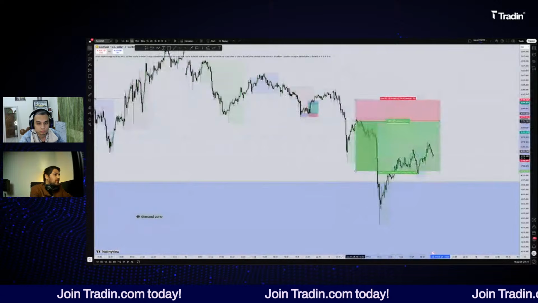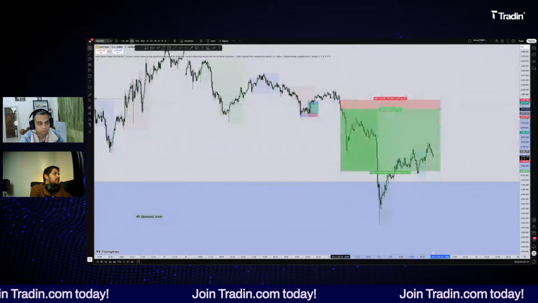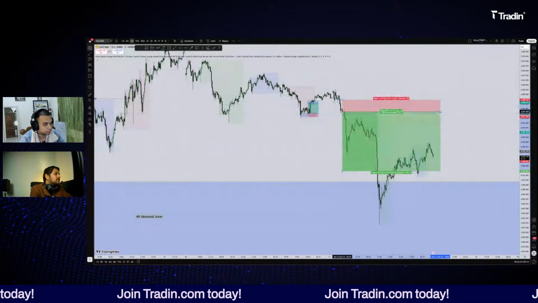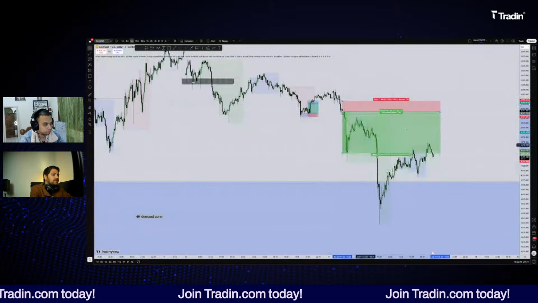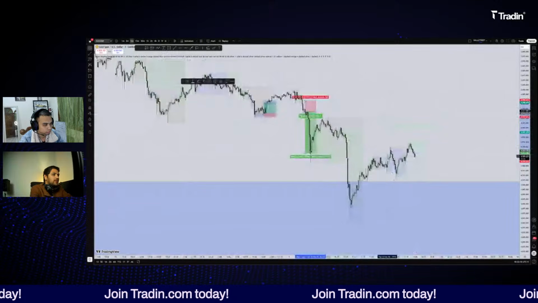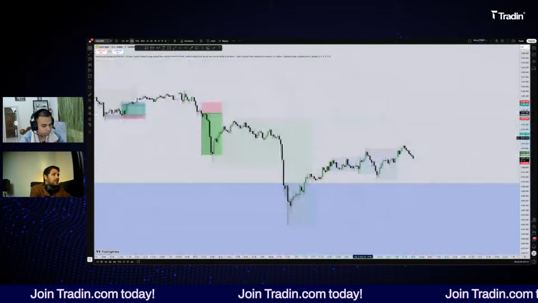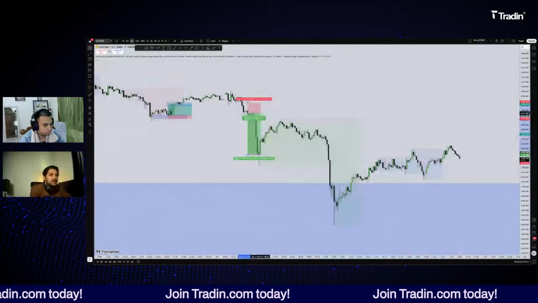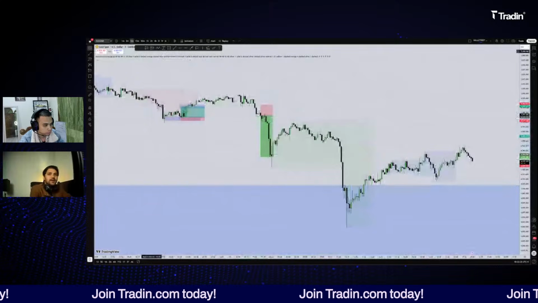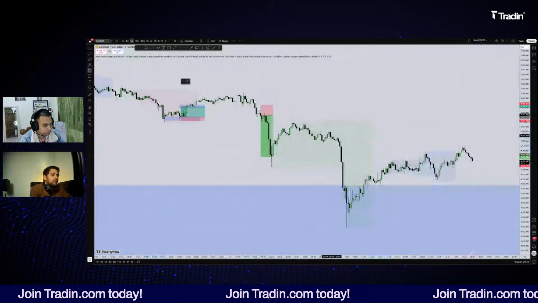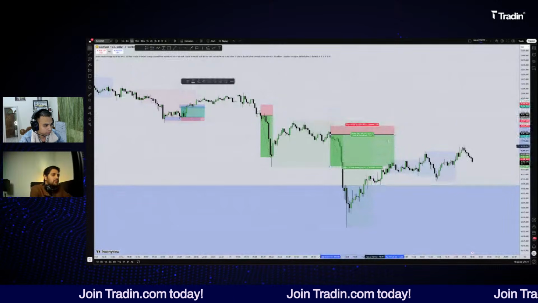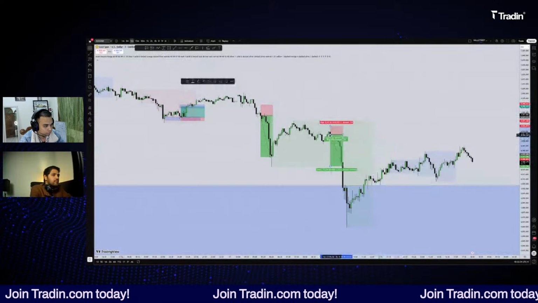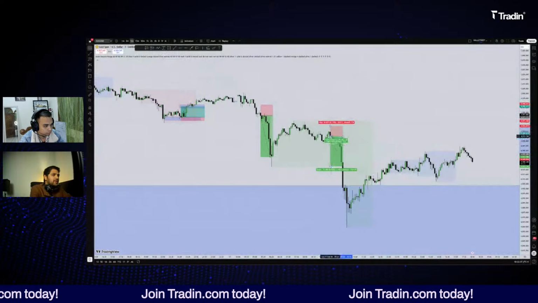Sorry, it was a sell at 4976. Right here I took my first sell. I was awake for this trade, and then I waited for the pullback, and the second short I took right here, I guess probably right here.